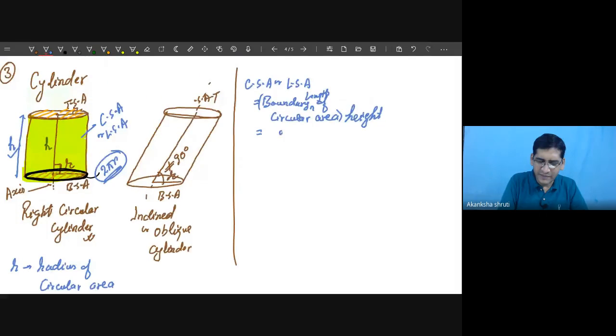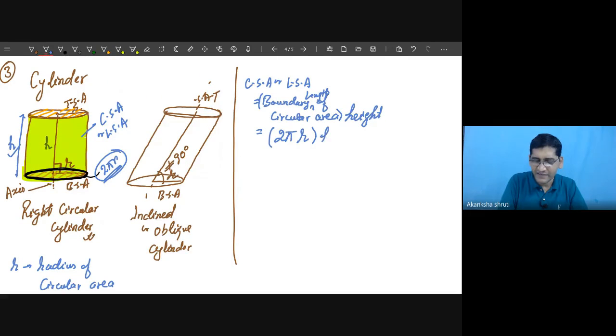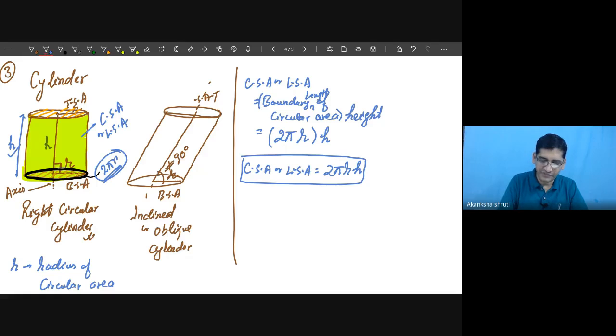This boundary length is our 2 pi r, the circumference, times h. So CSA or LSA is obtained by multiplying your boundary length by h, giving 2 pi r h. You can quickly recall it.